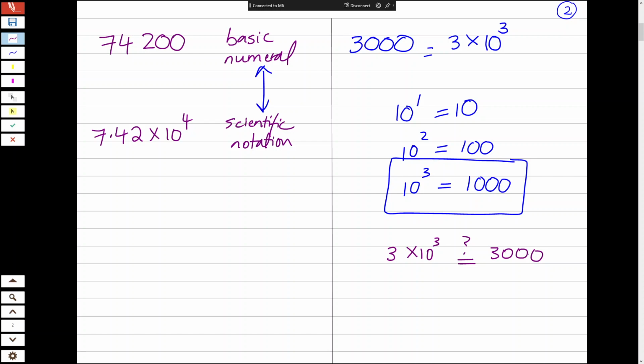Mm-hmm. McKenna? 3 times 1,000 is 3,000. Yes. So if we agree that 10 to the 3 is 1,000, if I just multiply both sides of that equation by 3, we get 3,000.